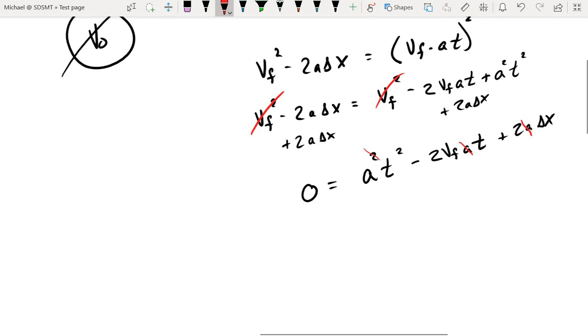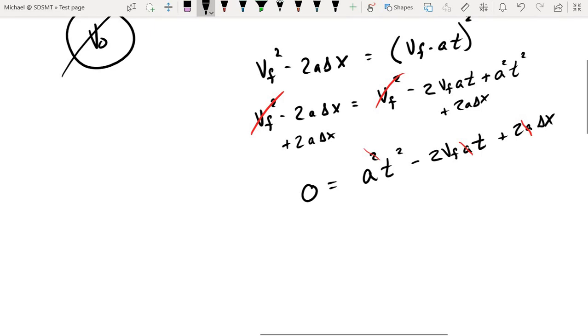And then our author really likes setting up the expressions in terms of delta x, or solving in terms of delta x. I don't know why, but that's just how the author of this book does things.